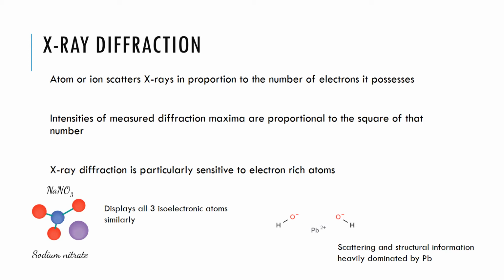So we'd very easily be able to point out the position of lead in our crystal structure. It would be much more difficult to interpret that data and work out where oxygen and hydrogen sit within the crystalline structure, because, as I said, the diffraction pattern will be heavily dominated by lead with the higher number of electrons.